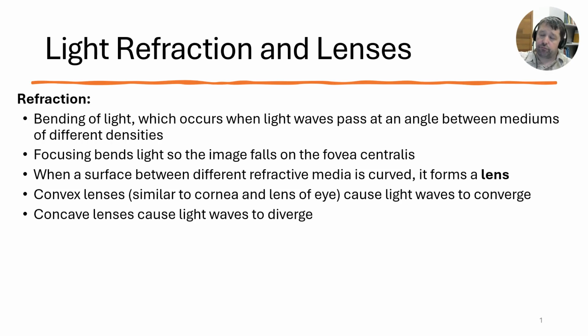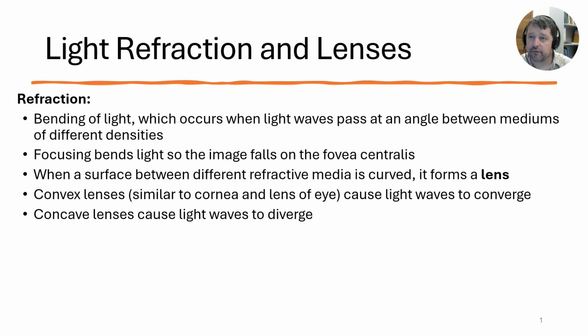If it goes through the air and it goes through, say, a semi-transparent membrane, and then into a semi viscous liquid, and then through another membrane, like through your cornea, through the lens of the eye, and then into the retina region. Okay, all of this can cause light to bend and change its angle. Okay, and that's really what refraction is about.